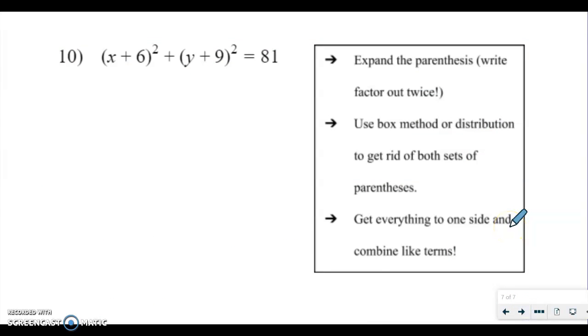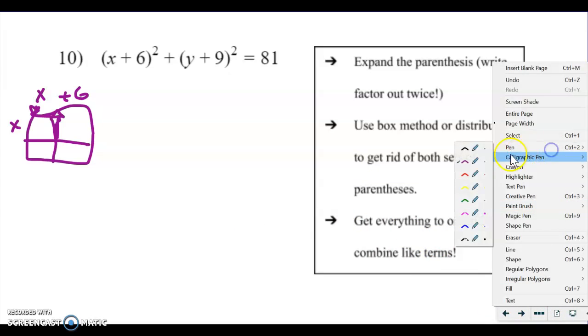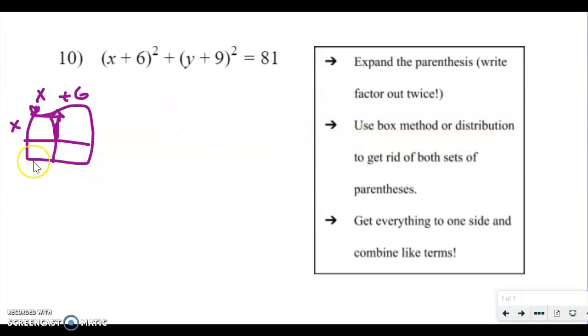So let me look at one more with you guys. We're going to do the same thing. We're going to take x plus 6 times x plus 6 and find out what that is. You got x squared plus 6x plus 6x plus 36.